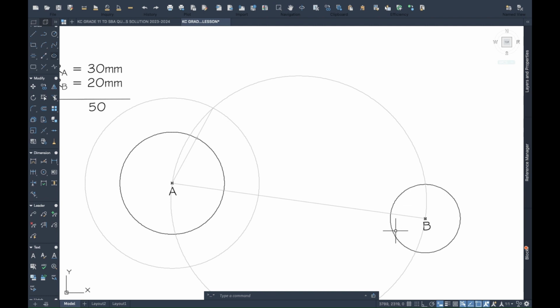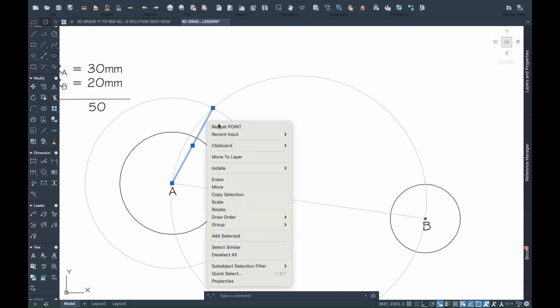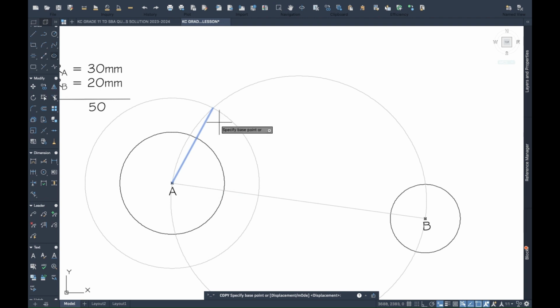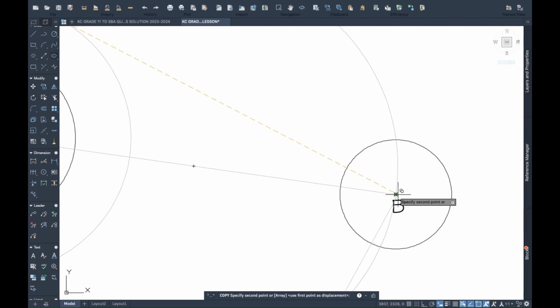Now we need to know where the tangent point will be on this circle here. All we do is click on this and copy it. So we're copying it, moving it, and bringing this to the center there. Now notice that this line cuts the little circle right here.